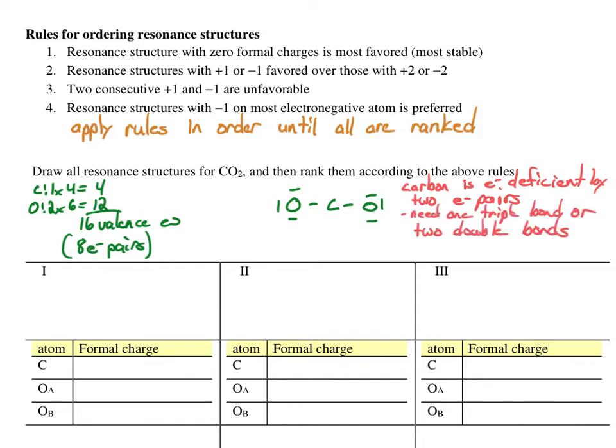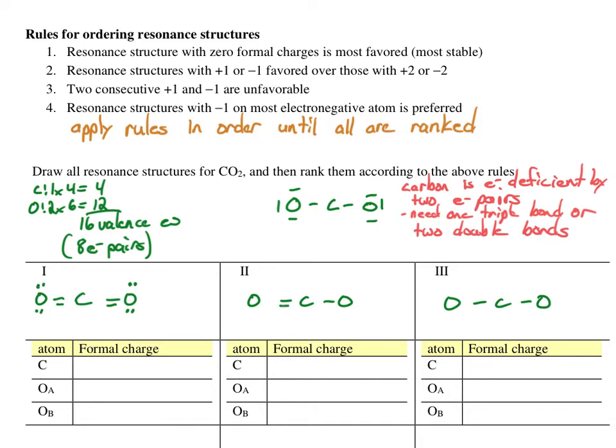So I'm going to draw resonance structures, 3 different resonance structures. And remember, they have the same positioning, same connectivity of the atoms. Okay, I'll do one with a double bond on each side, and that means that we're left with 2 lone pairs on each of these oxygen atoms.